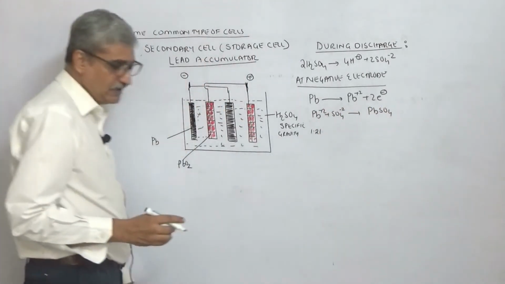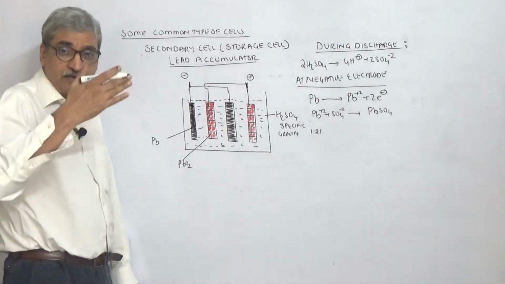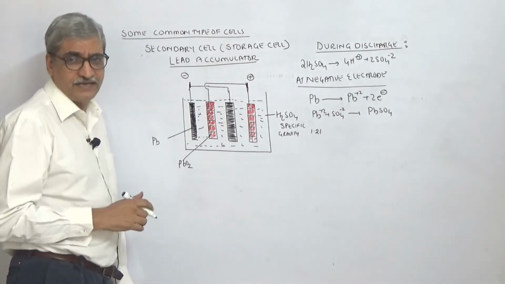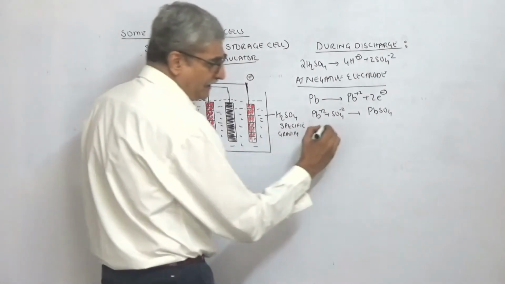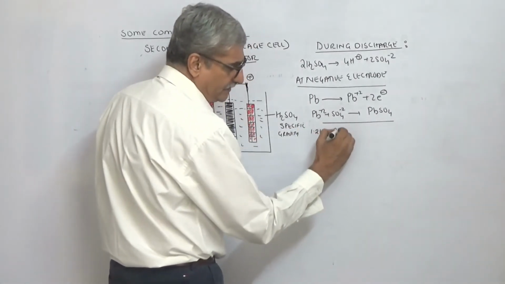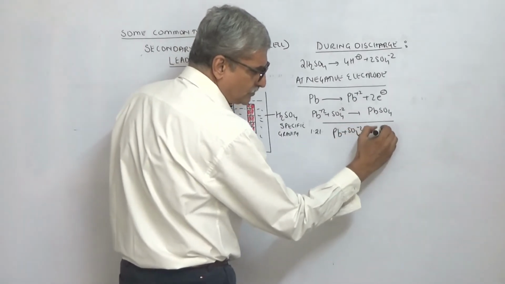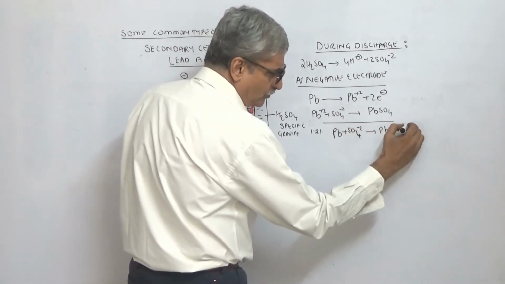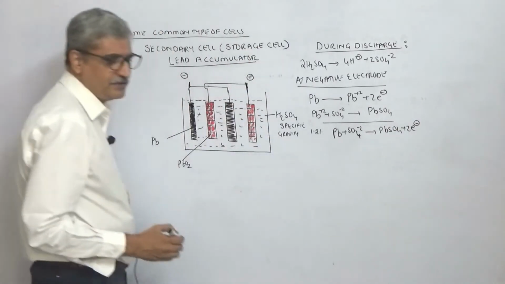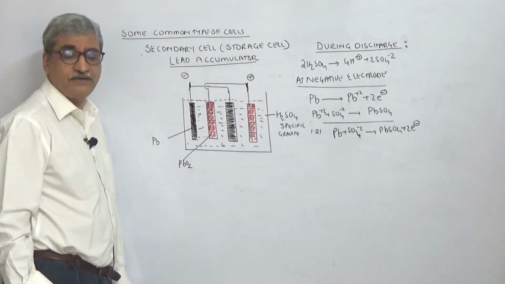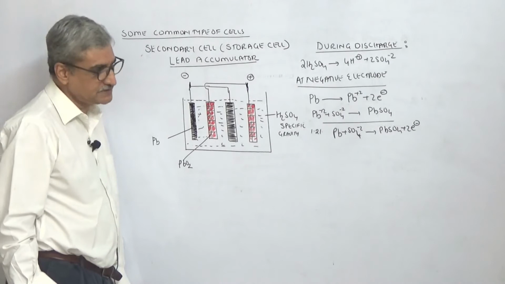So the lead gets coated with a layer of lead sulfate. The net reaction is Pb plus SO4 2- forms PbSO4 plus 2 electrons. Because of the release of 2 electrons, it is negative during discharge.